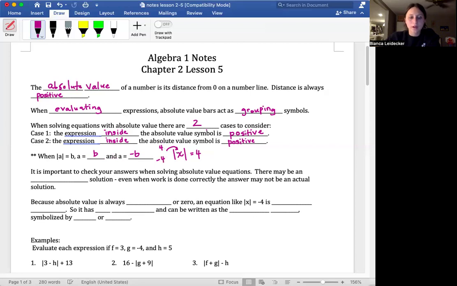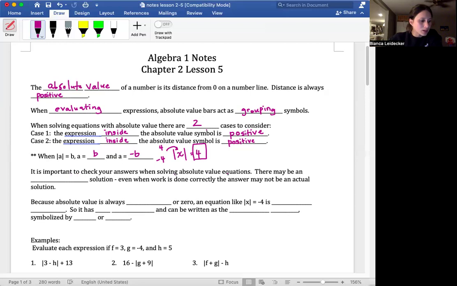Because once I put that value inside the absolute value, remember, it changes it into a positive. So I could put either a negative or a positive of that same number, and the answer will always be the positive version, right?